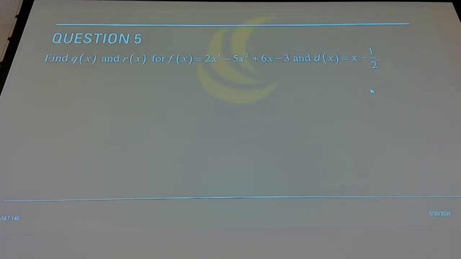At least the dividend has integer coefficients. What is K? One half.